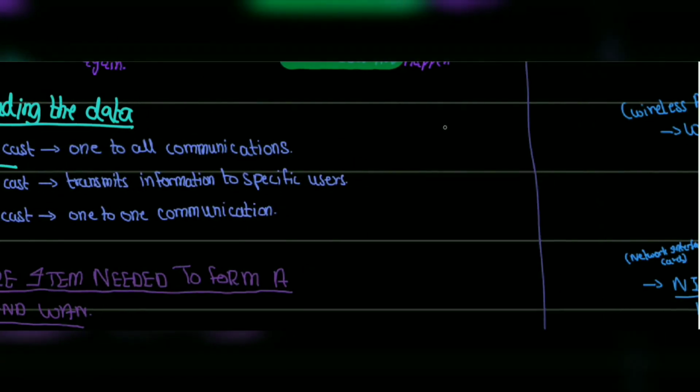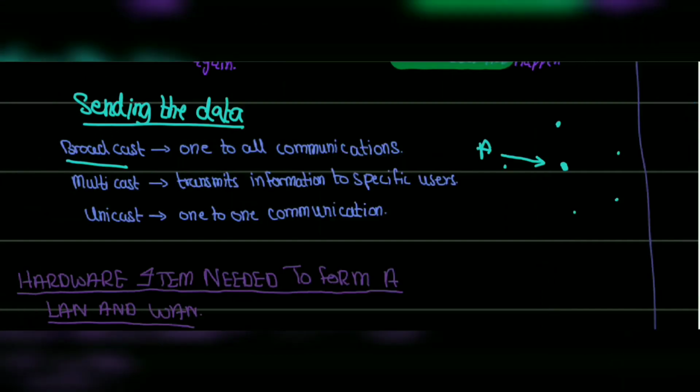Broadcast means, for example, if we have multiple computers and a hub to manipulate the data, and computer A wants to send data to computer B, the data goes through the hub, and the hub broadcasts the data to all the computers. It doesn't know which computer to send to. So it means one-to-all communication, broadcasting the data to all the computers.